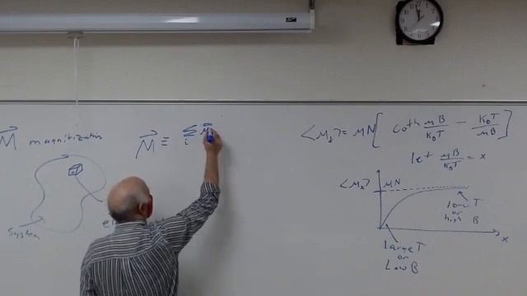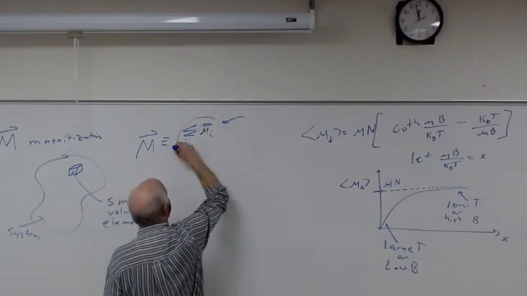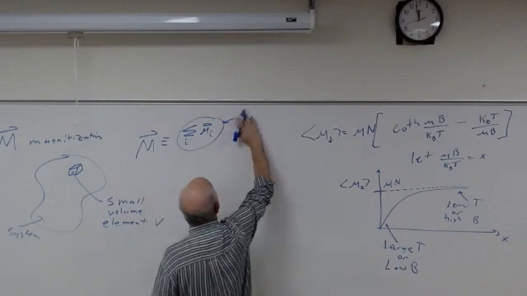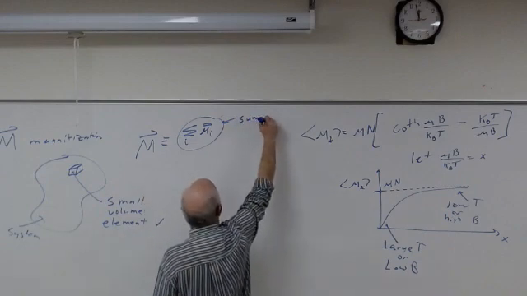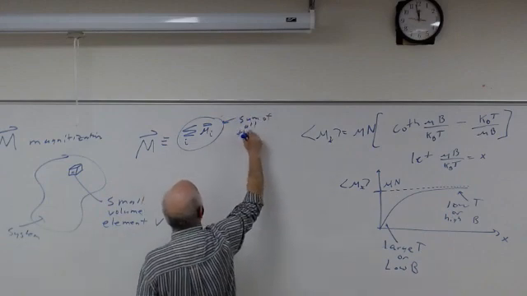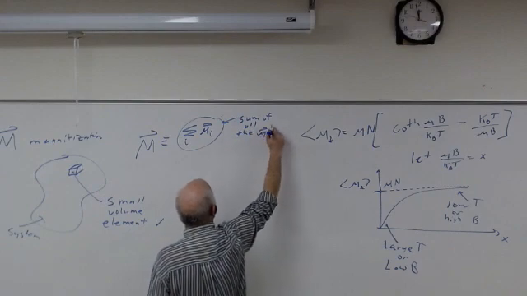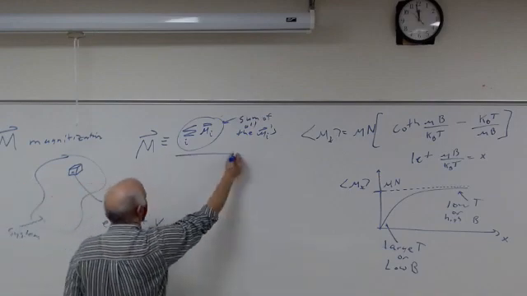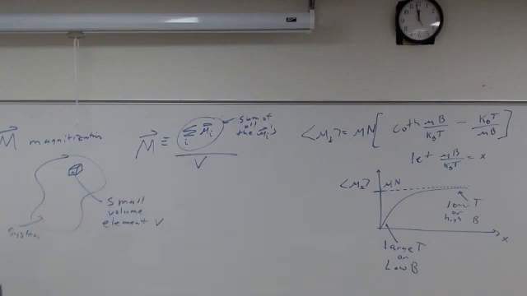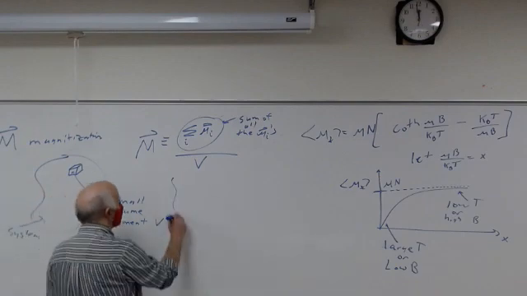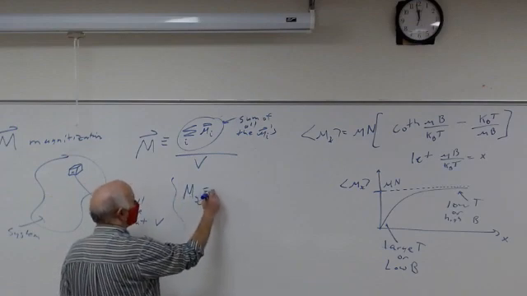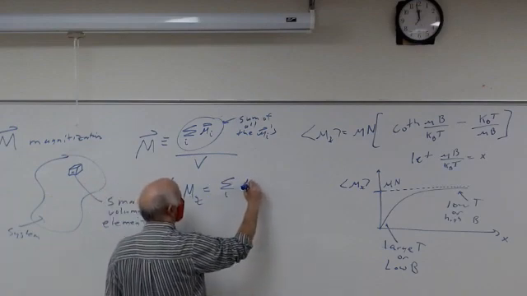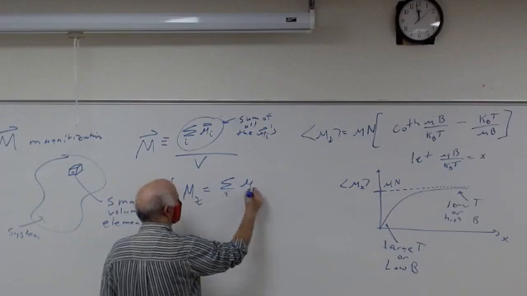This is the total, the sum over i of all the mu i's, all the little magnetic moments, divided by the volume. So if we want M sub z, it's just going to be the sum over i of mu iz, divided by V.